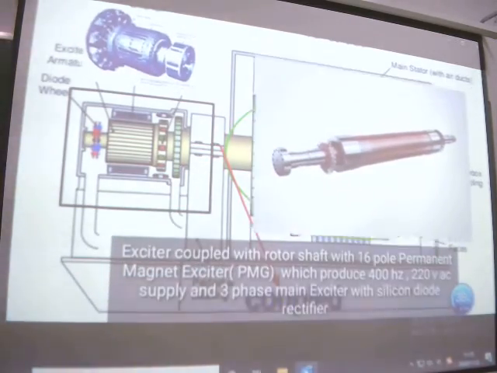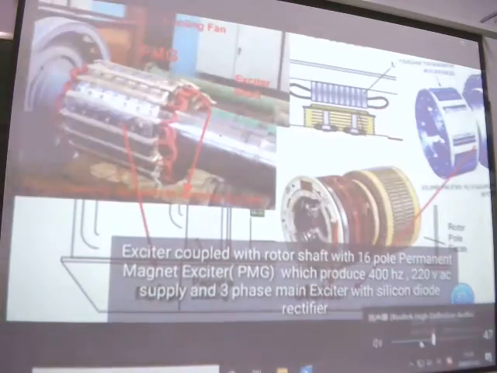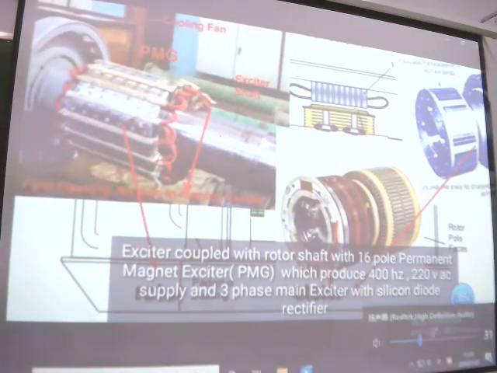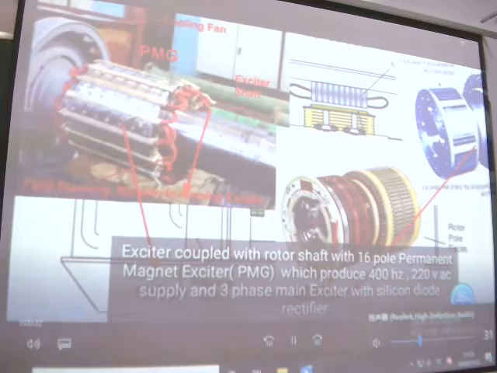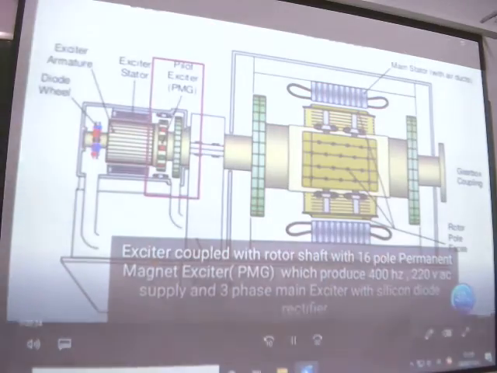The parts of the exciter: a 16-pole permanent magnet exciter, PMG, which produces 400 Hz, 220 VAC, 3-phase supply.